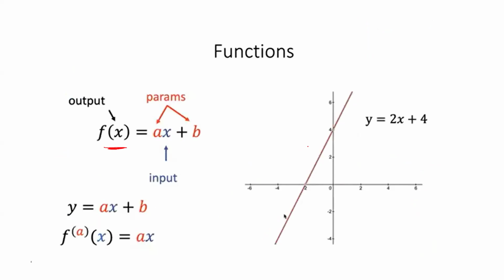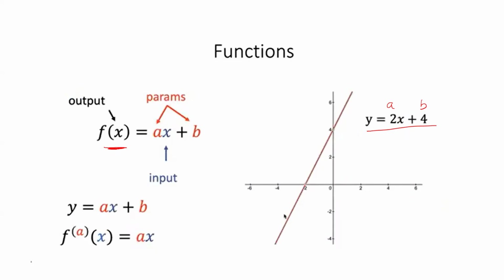Now if I draw a line, consider the parameter a is 2 and b is 4. So my linear function will be y equals 2x plus 4. When I draw this line based on this linear function, with a equal to 2 and b equal to 4, what you get is this.